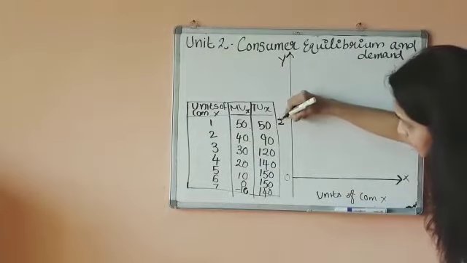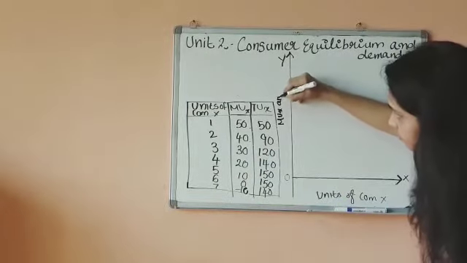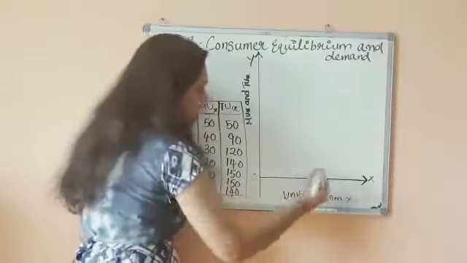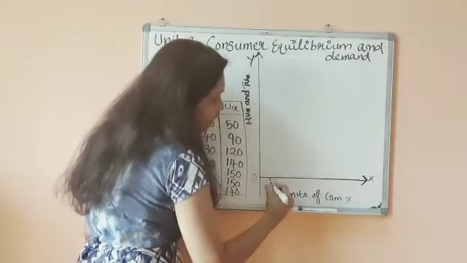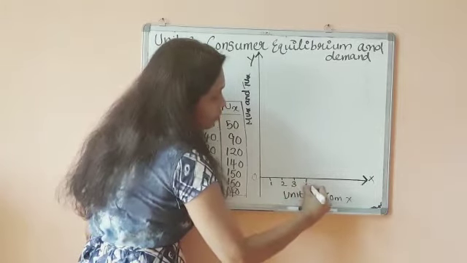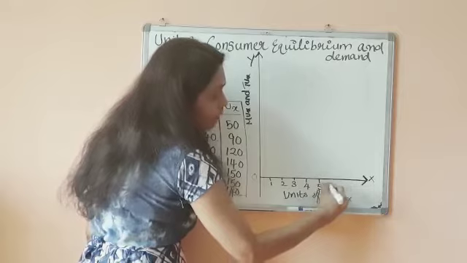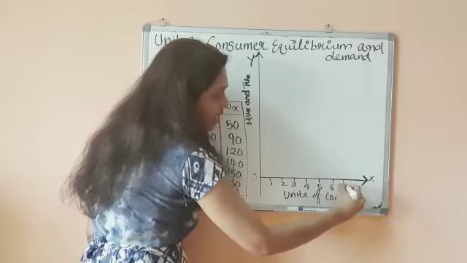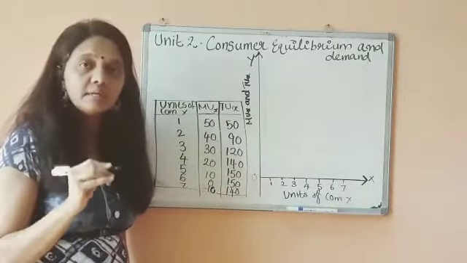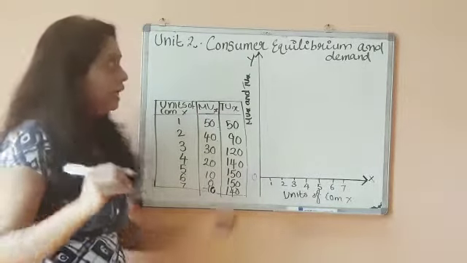On the OX axis, mark 1, 2, 3, 4, 5, 6, 7. On the OY axis, use 1 centimeter equal to 10.